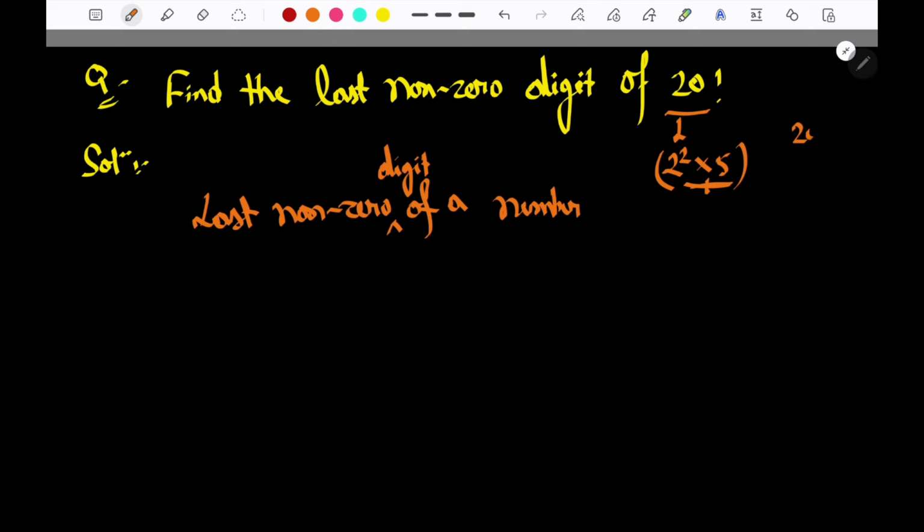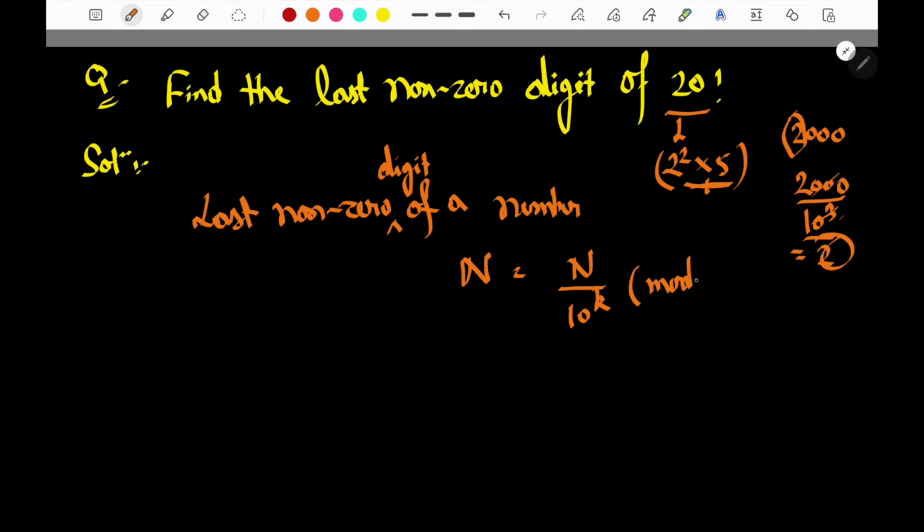For example, if I write 2000, the last non-zero digit is 2. If it is 2, how do we find this? If I say 2000 divided by 10 cubed, then we can find 2. So basically, the last non-zero digit of a number n is equal to n divided by 10 to the power k, mod 10.